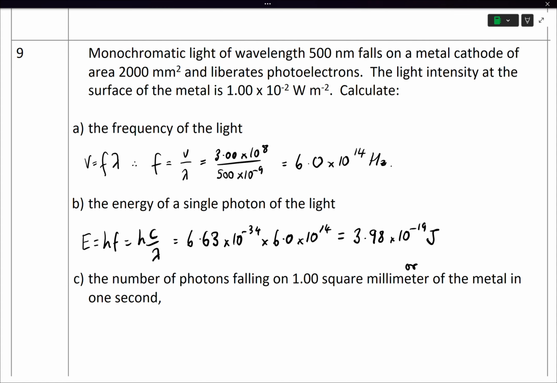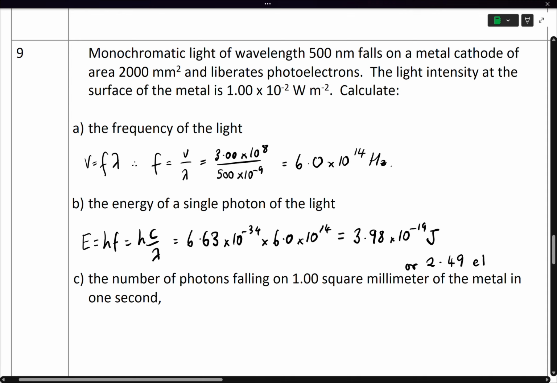Or if I want to calculate it in electron volts, I divide by 1.6 times 10 to the minus 19, so that gives me 2.49 electron volts.